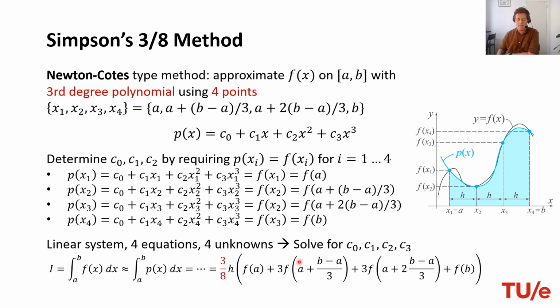The main point is that you come up with a polynomial. A polynomial is something you can integrate easily, and the end outcome that you find here will be that this is your Simpson's rule. So you have 3/8 times h times this sum of function evaluations that you have over there.